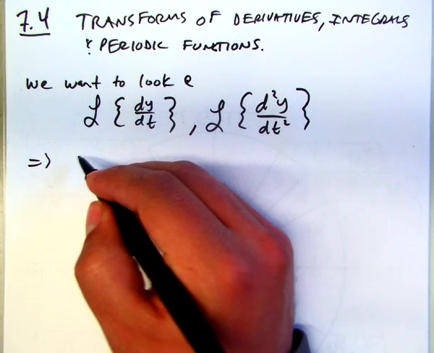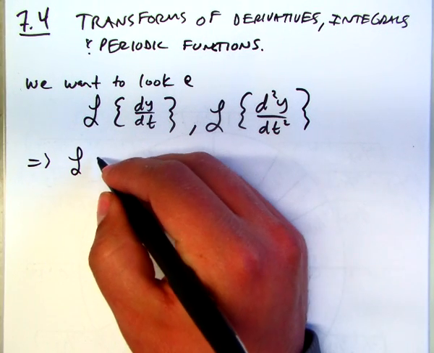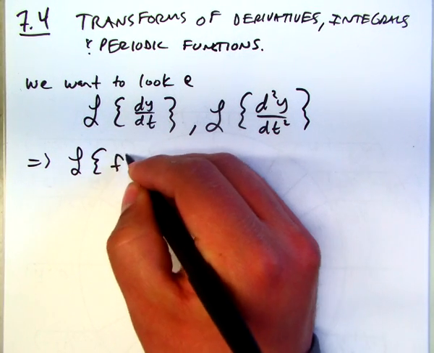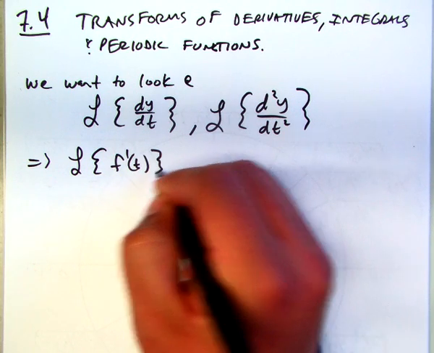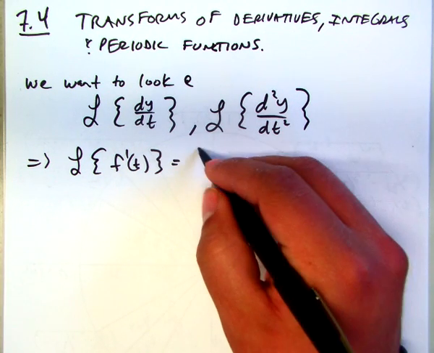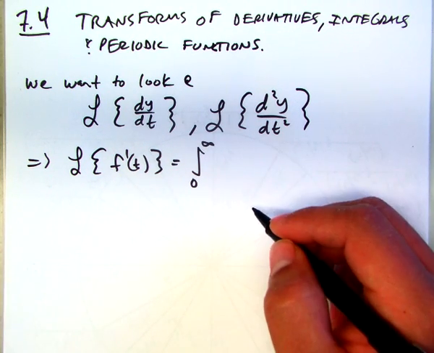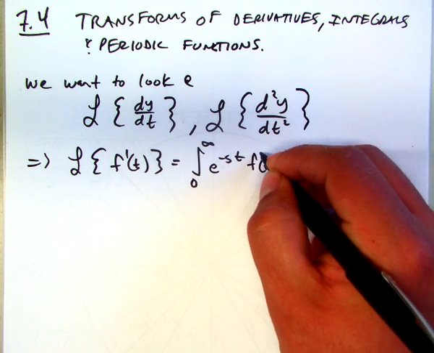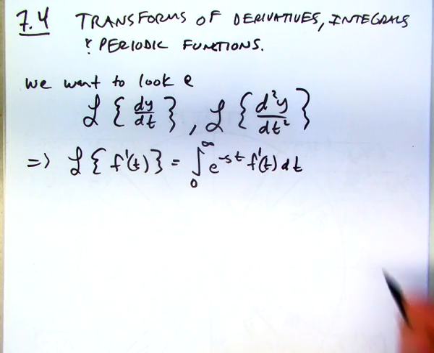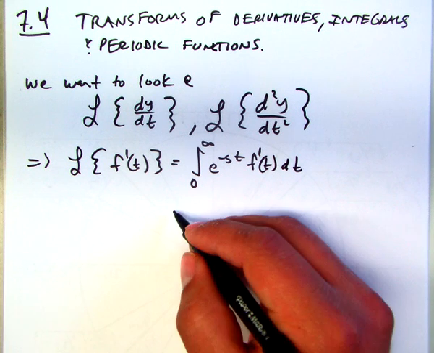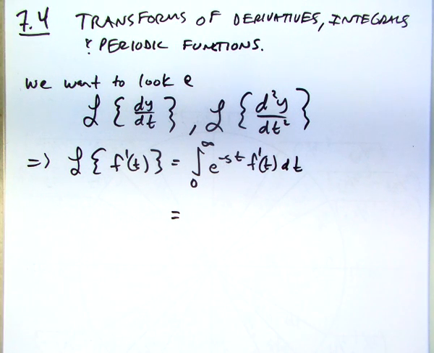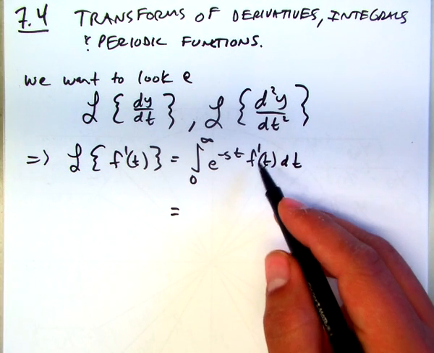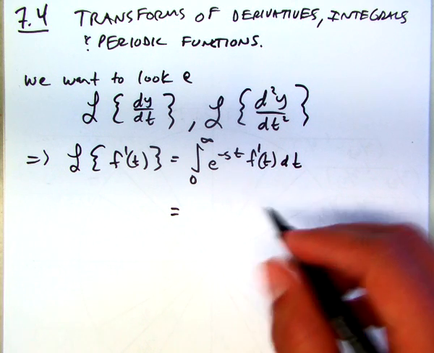So if we just want the Laplace transform of a derivative, let's just call it f prime of t. That would be the integral from 0 to infinity of e to the minus st f prime of t dt. And even though we don't know what f of t is, since it's the derivative, when you do the antiderivative, the integral is easy.